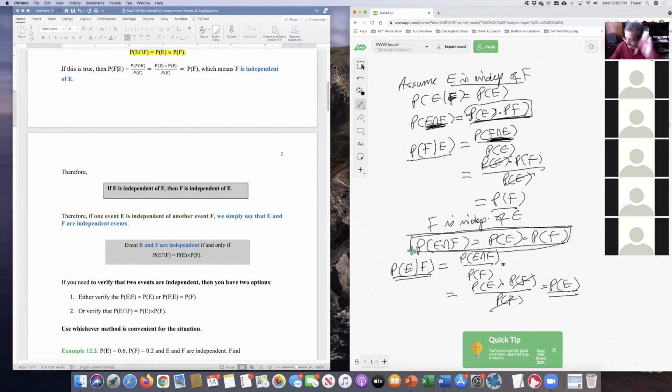So that means if this is true, then E is independent of F.